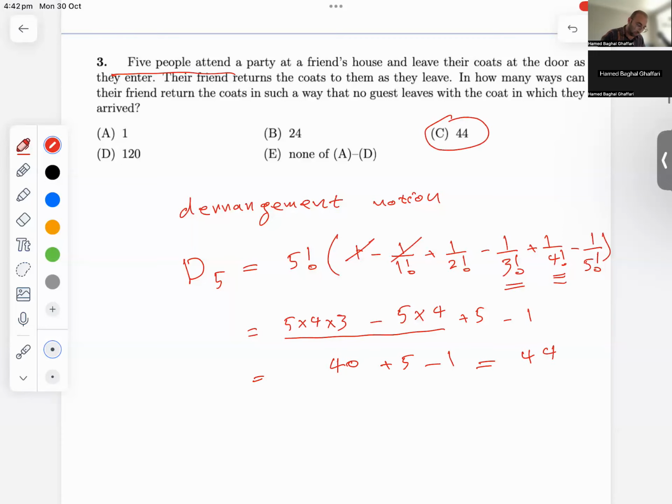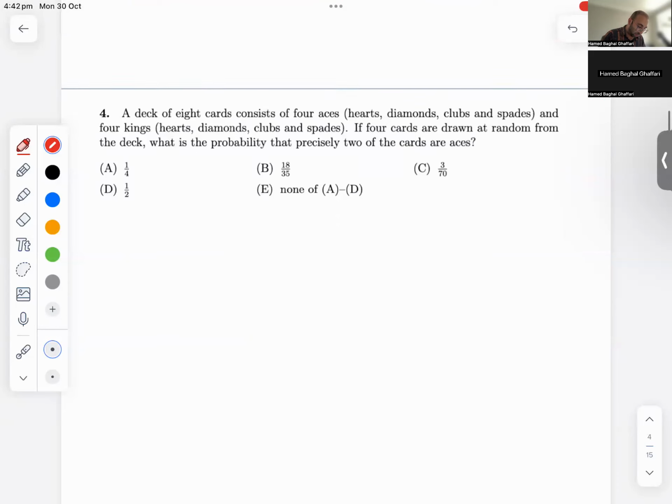All right, question 4. So question 4 is about drawing 4 cards. The whole scenario will be, we will have 4 cards here. If the 4 cards are drawn at random from the deck, what is the probability that precisely 2 of them are aces?